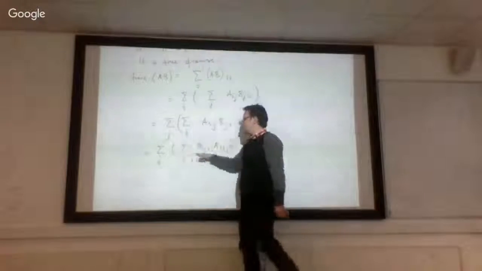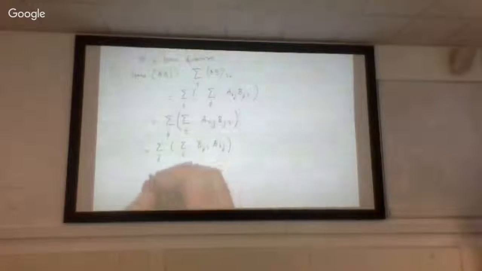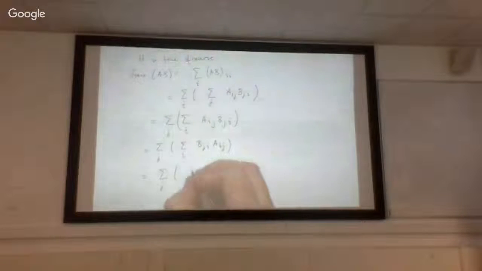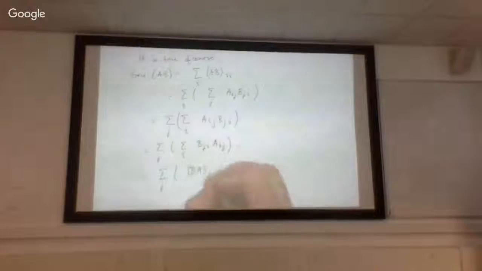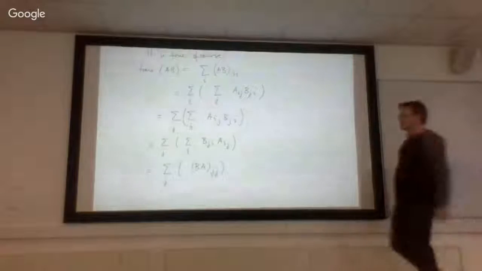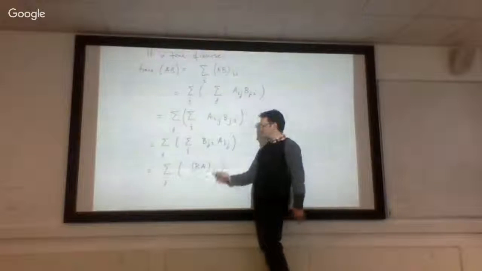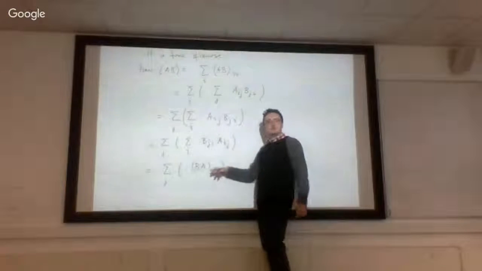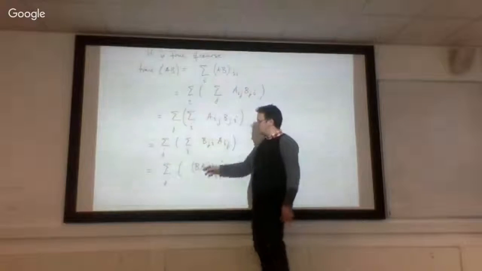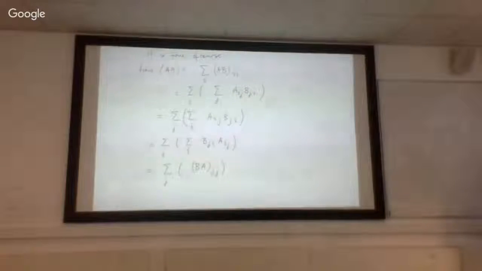But now, what's in the round bracket is exactly the entry jj of the matrix product BA. So these are the entries on the leading diagonal: j equals 1, we've got the 1,1 entry; j equals 2, the 2,2 entry, the 3,3 entry. These are all the entries on the leading diagonal of BA, and we're summing over all j. So that is the trace of BA.